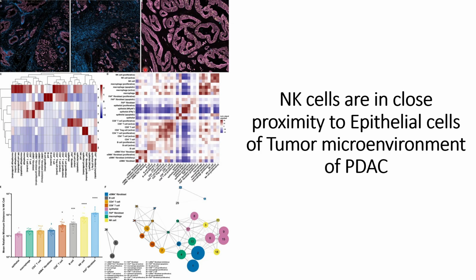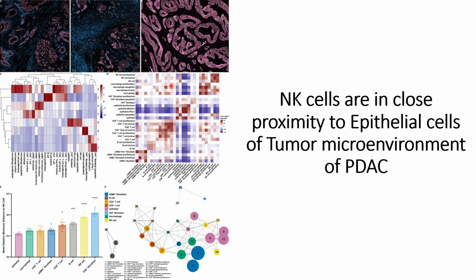Apart from this, they also found that neighboring group 4 has more immune cell populations compared to the other groups, that is group numbers 2 and 6.